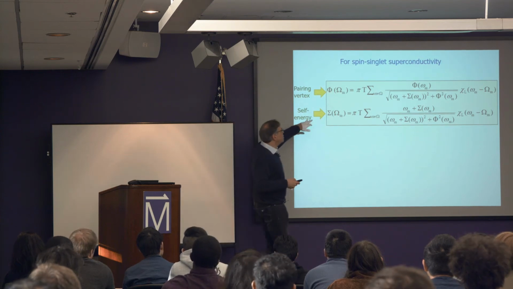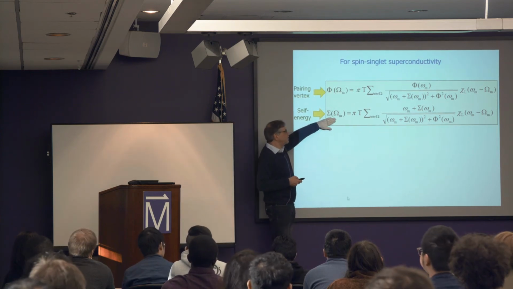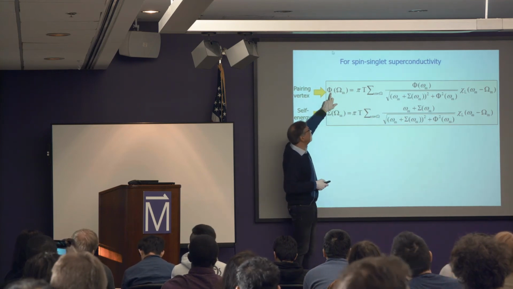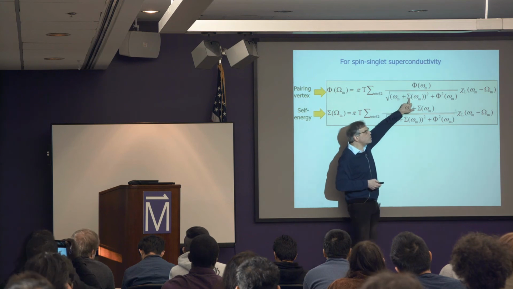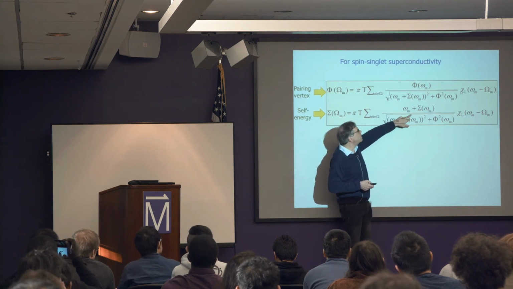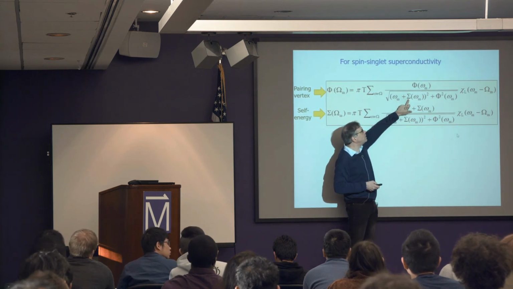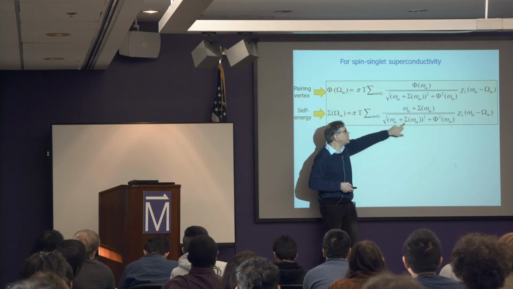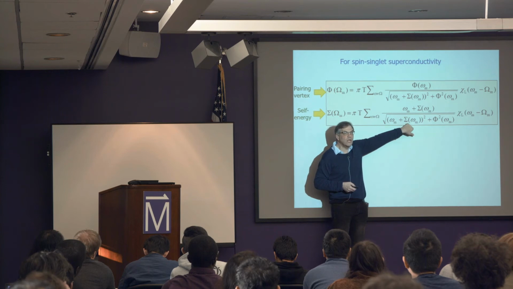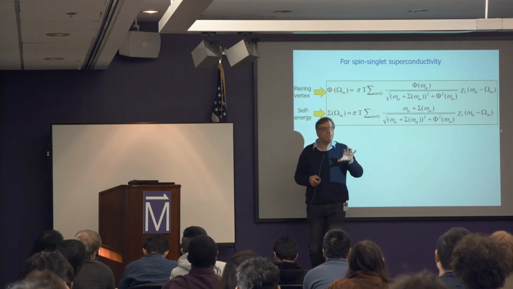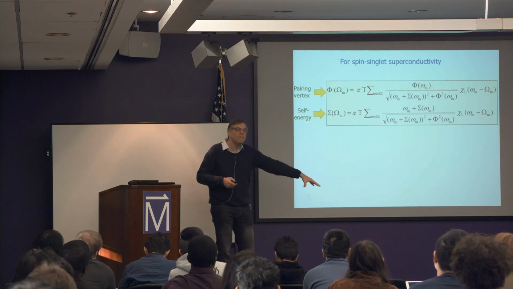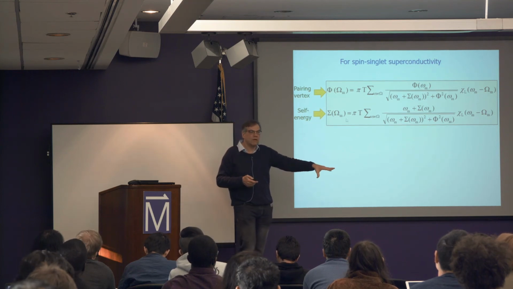Namely, there is an equation for the self-energy, which knows about the pairing vertex, and there is an equation for the pairing vertex, which knows about the self-energy. Notice that the self-energy comes into the denominator of the equation for the pairing vertex, and the pairing vertex comes into the denominator of the equation for the self-energy, which is the simplest way to say that they compete with each other. So when one becomes large, it diminishes the effect of the other.